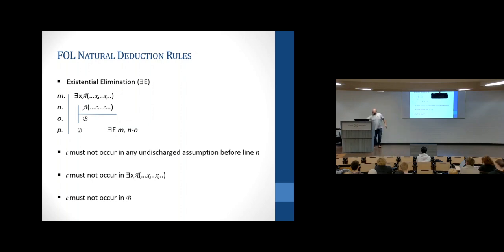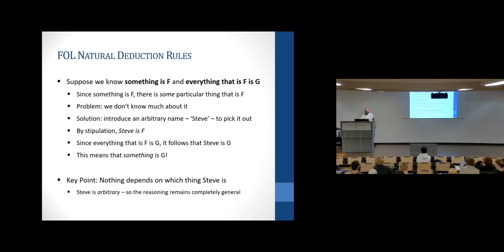To go back a slide, that's why we get this last little move, right? We conclude that Steve is a G, but since we don't want the reasoning to be about Steve, about that name, we have to get rid of him. And it's only by doing this kind of move that we end up making Steve arbitrary, that we could have used Stephanie or Vladimir or whatever name you like.